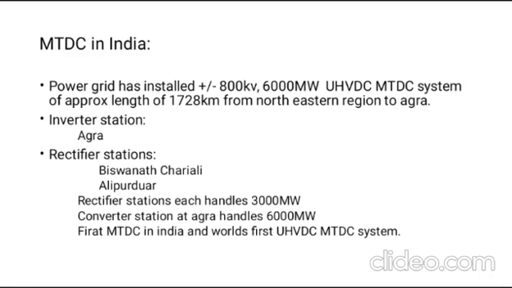The inverter station is at Agra, and the rectifier stations are Biswanath Chariali and Alipurduar. Each rectifier station handles 3000 megawatt, and the converter station at Agra handles 6000 megawatt. This is the first MTDC in India and the world's first ultra high voltage MTDC system. There was no ultra high voltage MTDC system before this, and the first MTDC system in the world is from Italy.